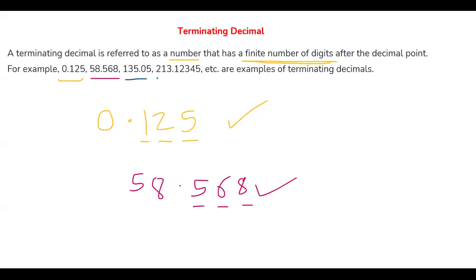Another example is 213.12345, where we have 5 digits after the decimal: 1, 2, 3, 4 and 5. In all these numbers we have a finite number of digits after the decimal point, so all of these are terminating decimals. All types of terminating decimals come under the category of rational numbers. That is, if any decimal number is terminating, then we will call it a rational number.